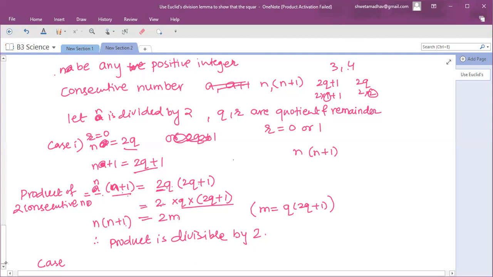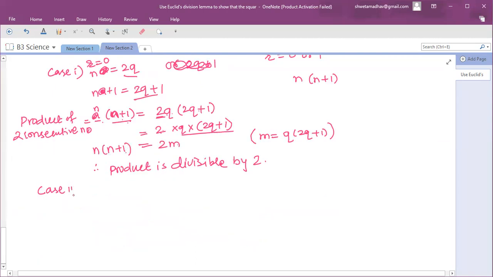Yes, ma'am. Then case 2, where r is 1. When the number is divided by 2, if the remainder is 1, then what is the value of n? The remainder is 1, so 2q plus 1, right?